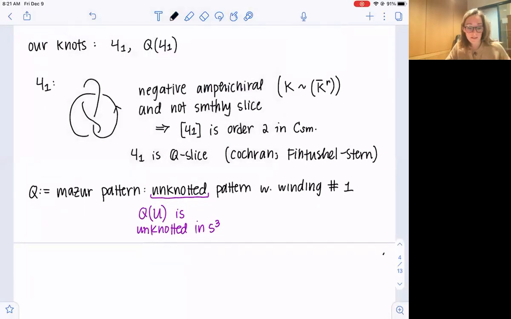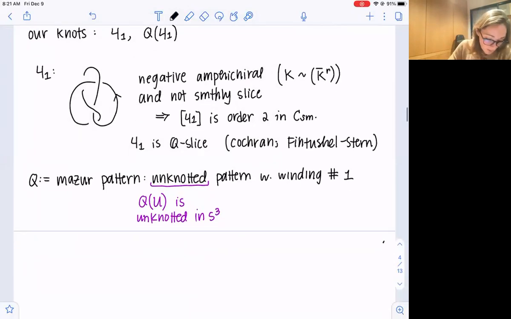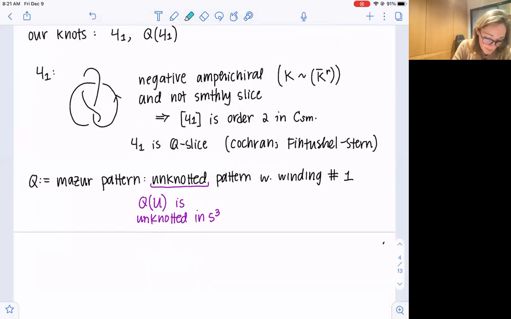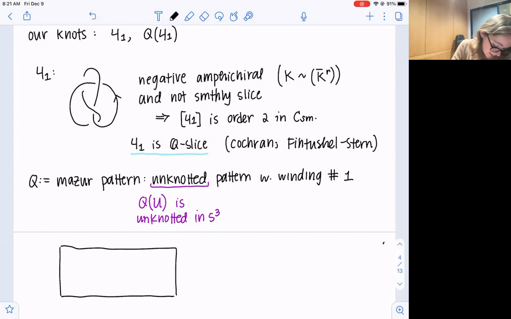I'm going to give a schematic here. So recall what I've just told you about this knot being rationally slice. We can think of that schematically as there being a rational concordance between the unknot and our knot here, the figure 8.